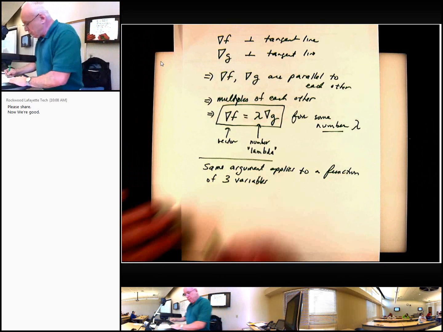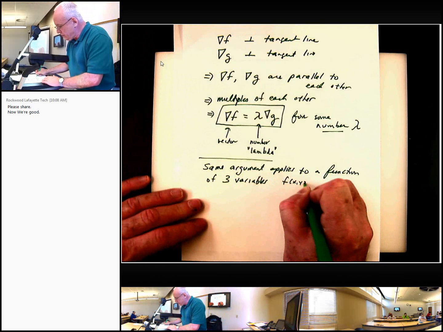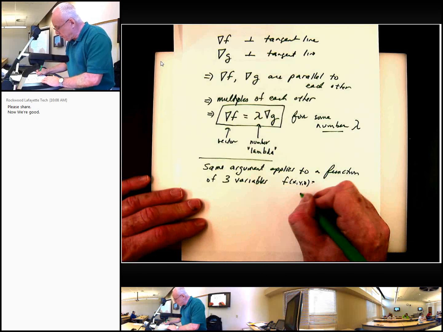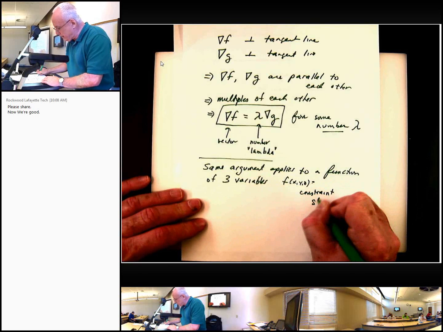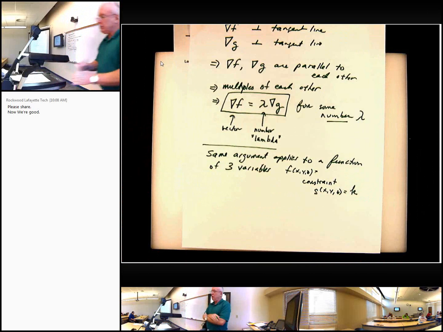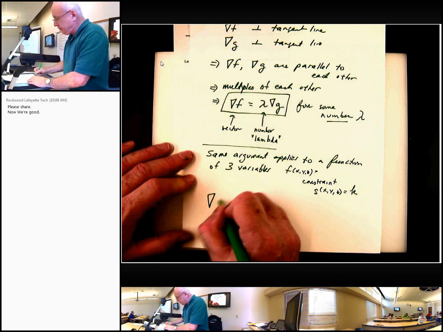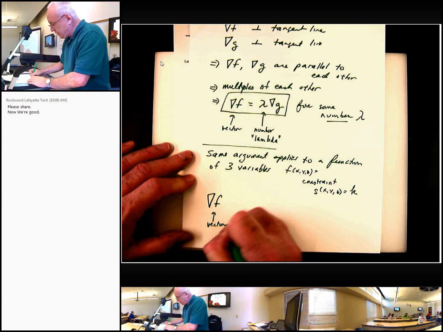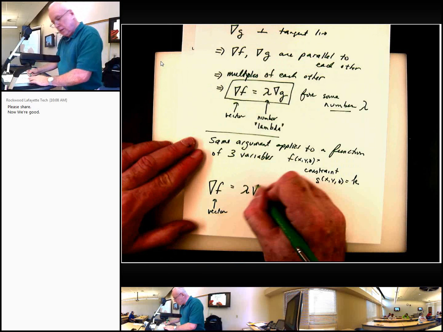So basically, for three variables, we have f of x, y, and z. That's our function. And we have a constraint which involves x, y, and z, g of x, y, and z equaling some number k. So what we have then is the same deal. The gradient of f, again, that's a vector, is going to equal some number lambda times the gradient of the constraint.